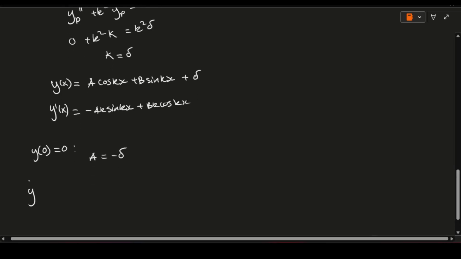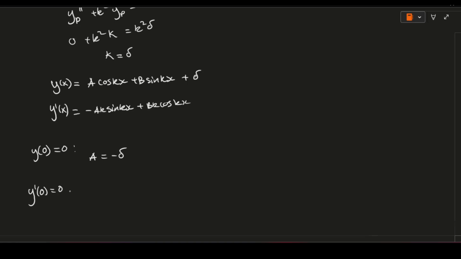If we use the other boundary condition, y prime at 0 equals 0, we get that Bk is equal to 0.